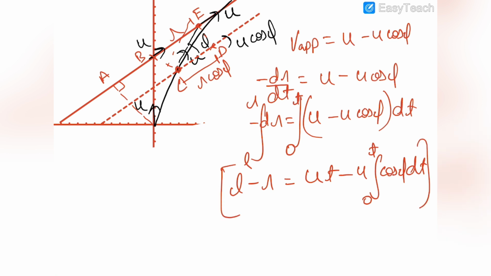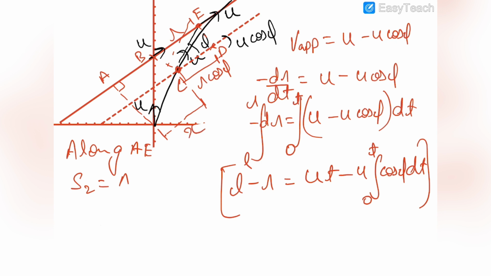Now let us see that along this line, this line is AE. So along AE, the distance traveled by the second particle is AE. S2 is AE, and the distance traveled by the first particle at this instant, in fact, we are talking about this instant, is this distance.